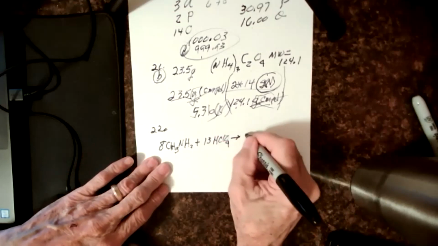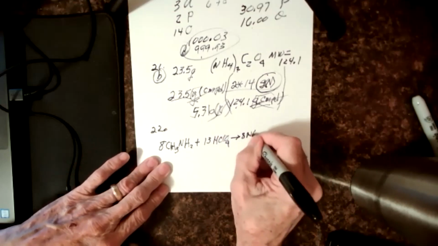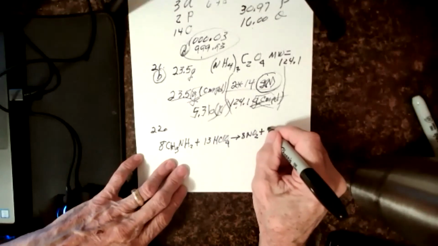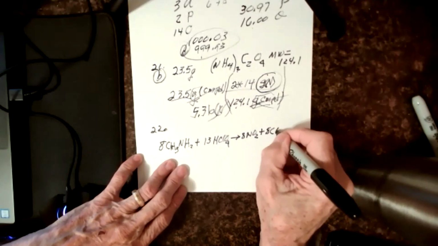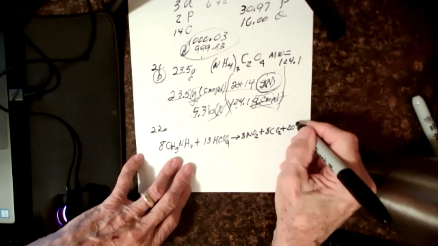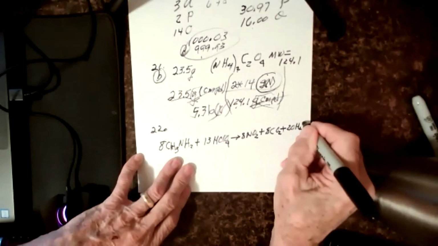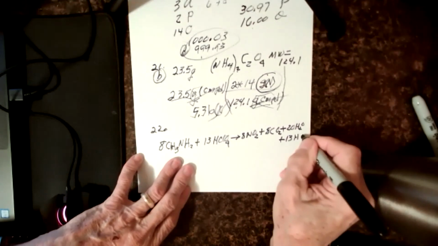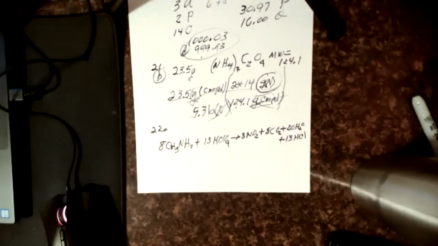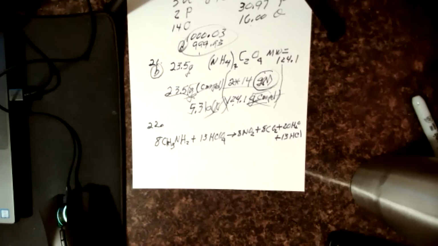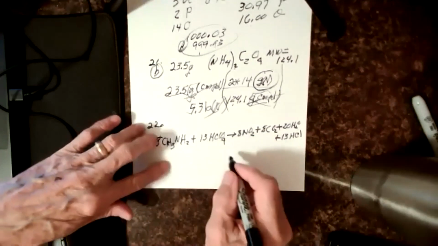It makes 8 NO2, nitrogen dioxide, plus 8 carbon dioxide, plus 20 H2O, plus 13 HCl. Hey man, that would be a good equation to balance, wouldn't it? Wow. That'd be fun. Okay, what mass of nitrogen dioxide can form from 3.5 moles of perchloric acid?